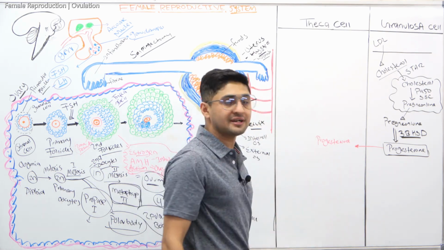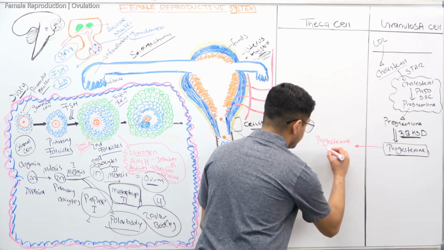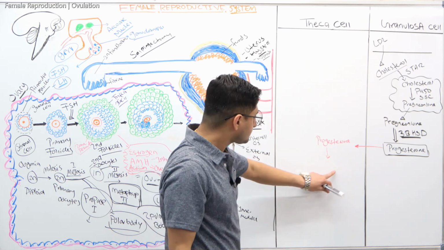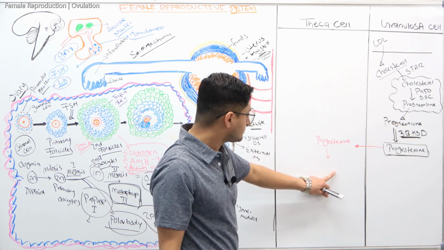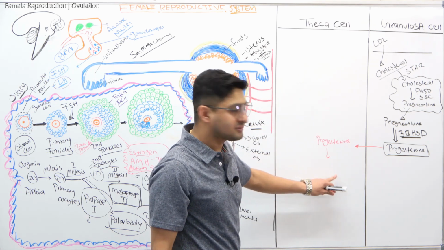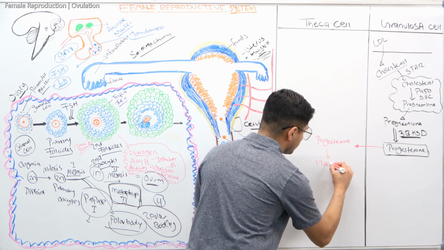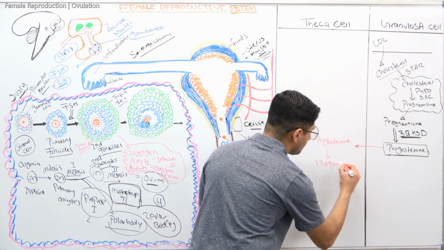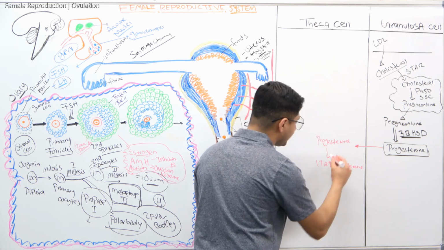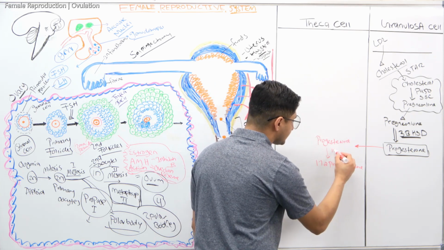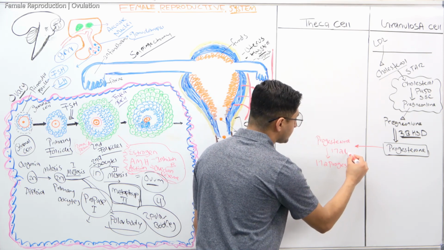Because this theca interna is the one that has the enzyme, let me write it down in red here, to convert progesterone into other compounds. For example, it's going to make 17-alpha hydroxyprogesterone, by an enzyme present in the theca interna called 17-alpha hydroxylase.